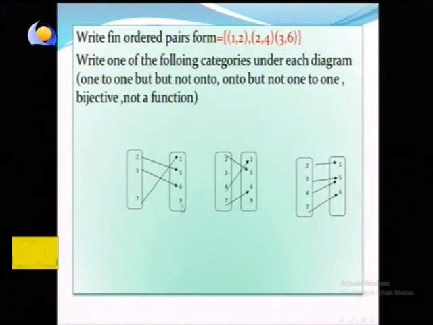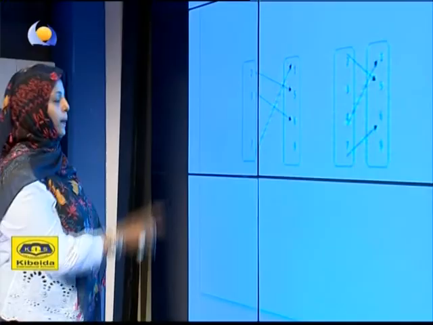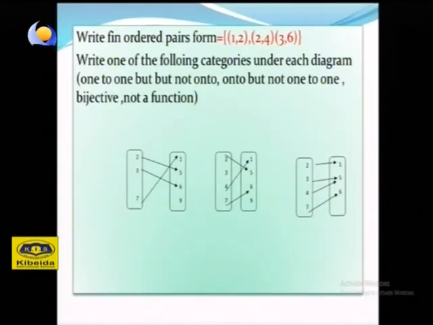So this one is a function, but to know the type, I need to look at the co-domain. Each one is connected to only one, but the last one is not connected. So this is not onto, but it is one-to-one.